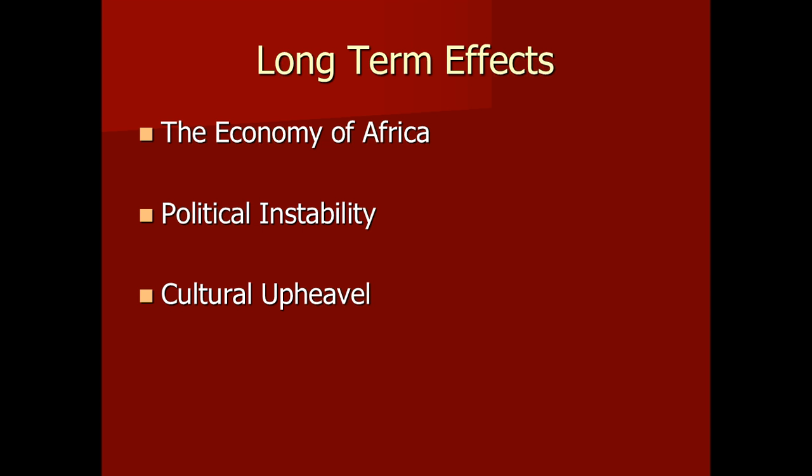Of course, we wouldn't consider it this way. We would consider it business and economics being separate, but the fact is that things like this are rarely separate from politics. So, long-term effects of imperialization in Africa: the economy has been affected, politics have been affected, and culture has been affected.